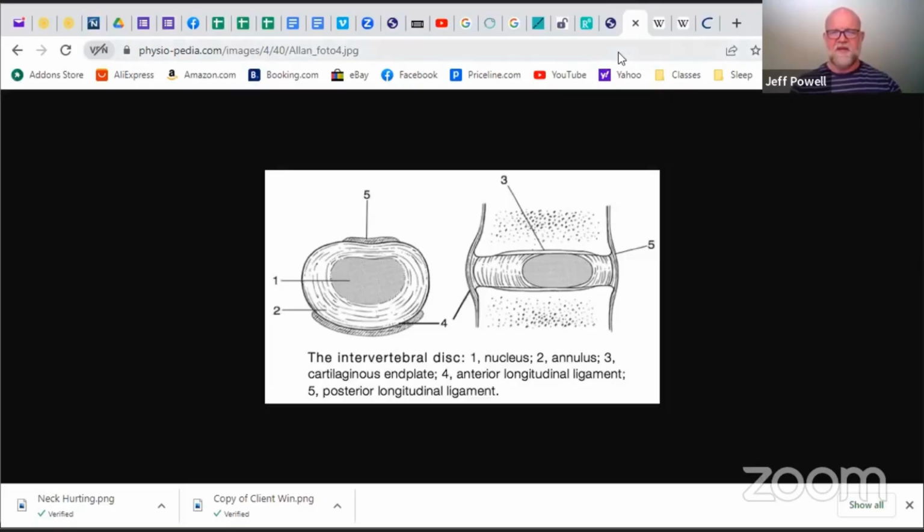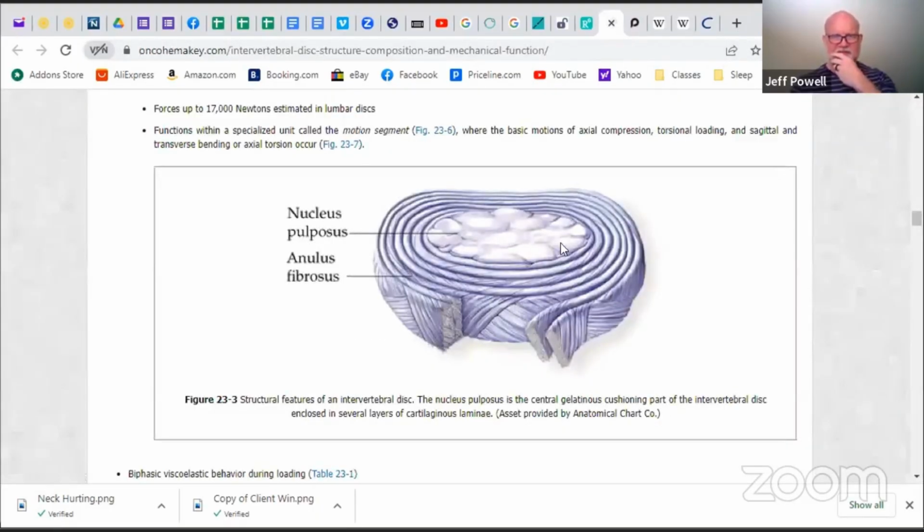All right. So we have kind of an angular view looking down on an intervertebral disc. Now we see these layers of tissue, peeled back like an onion. But then within the layers, there are other layers.